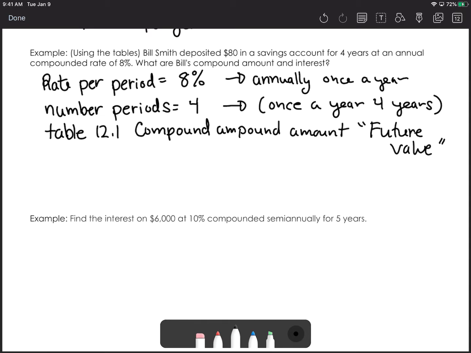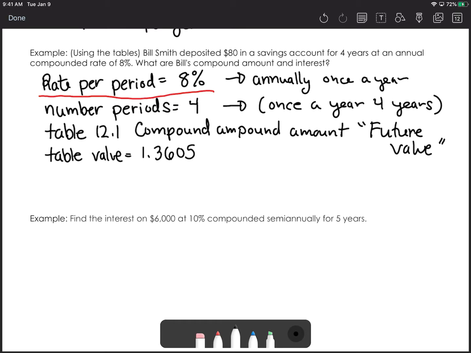So you're going to scroll through the pages of your student handbook and find the page that has 8%, which is going to be your rate per period, up in the right-hand corner. Then you're going to scroll down in the first column that says Table 12.1 and look for the number of periods that says 4. And you're going to find that the table value should say 1.3605.